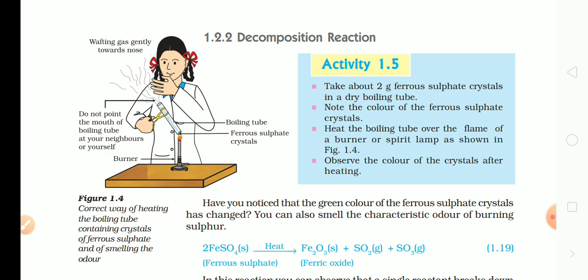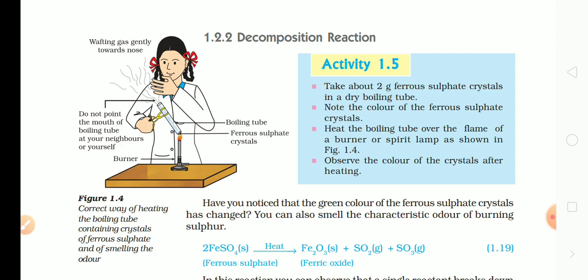You can see there is a small girl holding a test tube which contains ferrous sulfate. Always remember while doing this activity, hold the test tube in a position such that the gases will not get into your nose. It's a pretty dangerous chemical which is coming out with a very pungent odor.